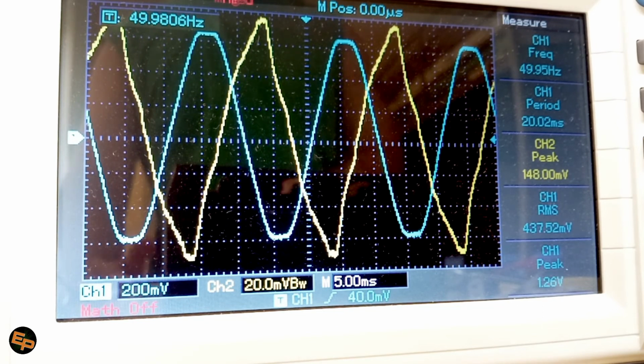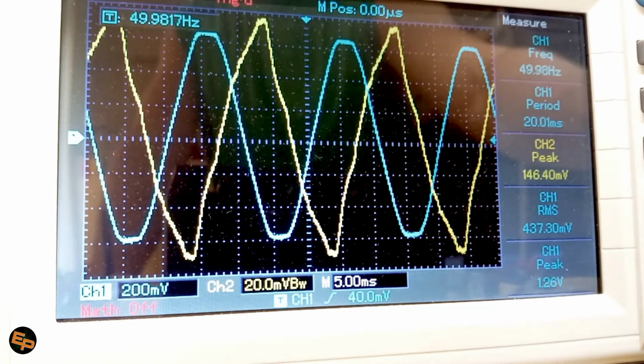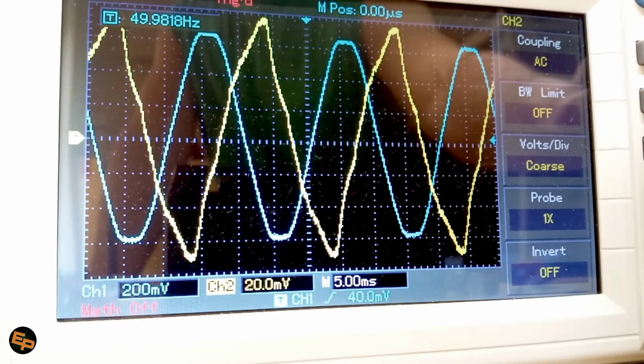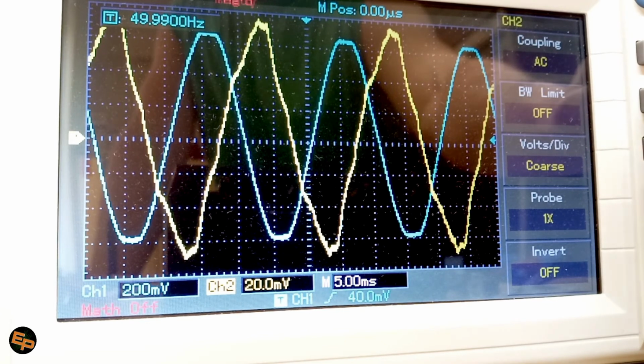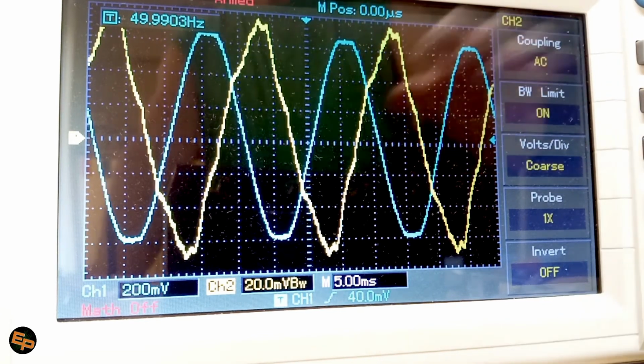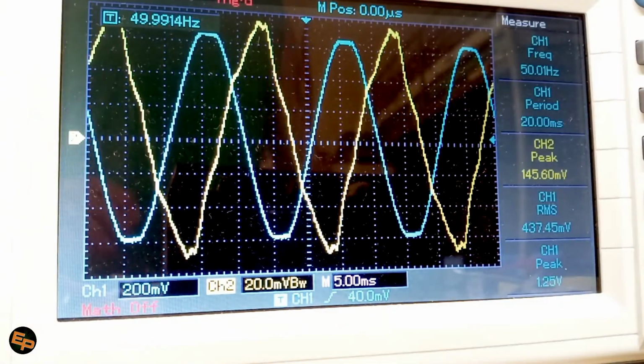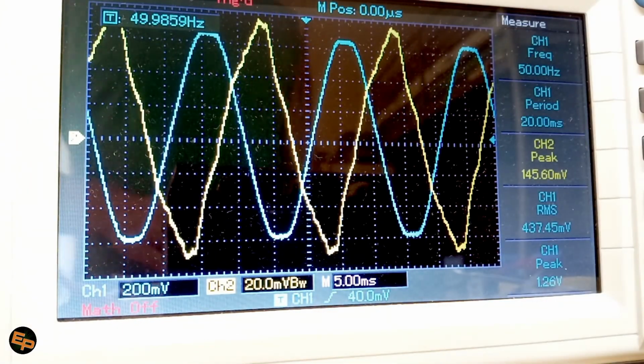Anyhow, by the way, this channel has had the bandwidth limit on so far, but even with bandwidth limit off, it doesn't get so much uglier. So yeah, that's pretty much it.